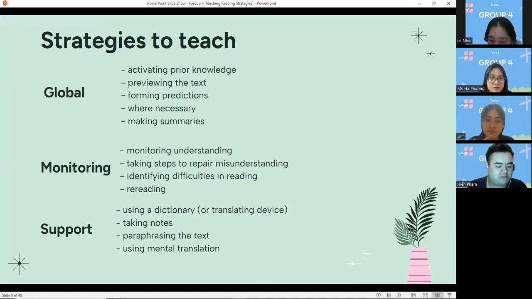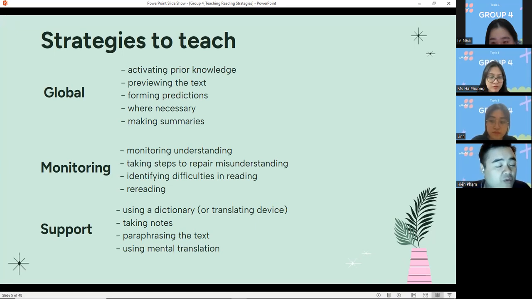So what kind of strategies should we teach? There are three groups of strategies. The first group is global reading, which includes some examples you can see on the screen: activating prior knowledge, previewing the text, forming predictions where necessary, and making summaries.